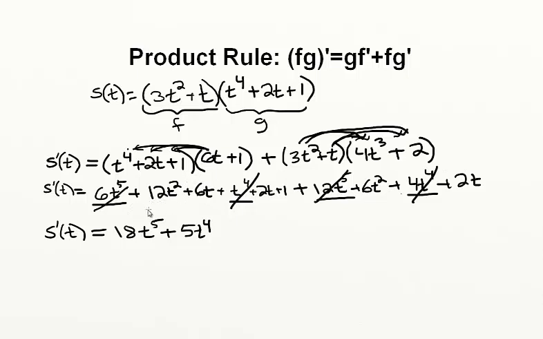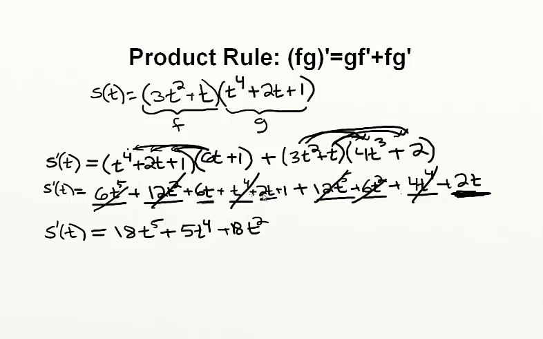So now we look for the squareds. So we have a 12 and a 6. So there we go. That's going to be plus an 18t squared. Those two get canceled. Then we have this 2t at the end, this 2t in the middle, and this 6t.